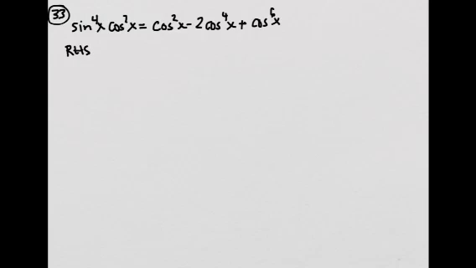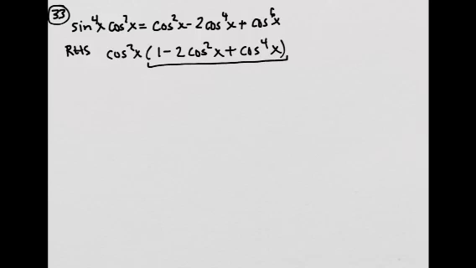Alright, so I'm going to work on the right hand side again to make it look like the left. So I'm going to factor out a cosine squared x first. So I get 1 minus 2 cosine squared x plus cosine to the 4th x. And I noticed that this is a trinomial that I can factor. It's actually a quadratic. So this is going to be cosine squared x. Bring it down.